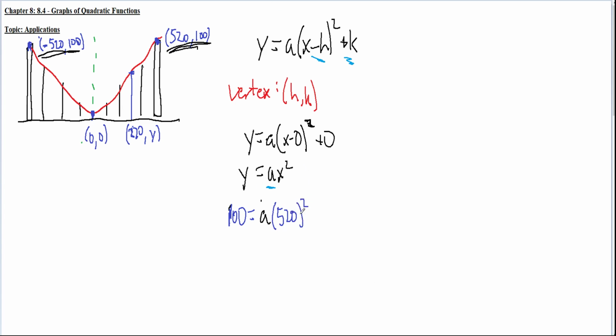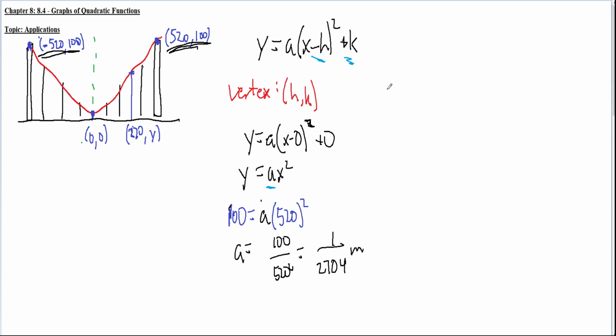Switching between colors, it takes a little bit. And so if we solve for a, we get 100 divided by 520 squared, and this reduces to 1 divided by 2,704 meters. Okay? And so that's our a value.